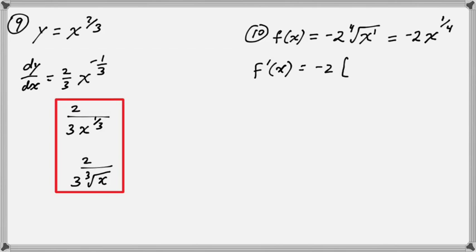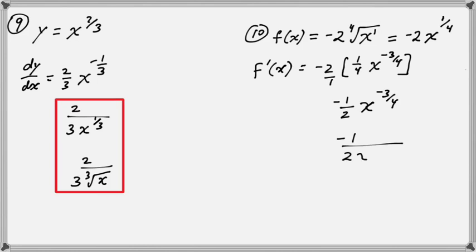So if I keep the negative 2 out front and I do power, which is 1/4, x is a base, 1 less power. 4/4 less than 1/4 is negative 3/4. So that gives me a negative 2/4 or a negative 1/2. x to the negative 3/4. I'd take it this way, negative 1 over 2x to the 3/4.